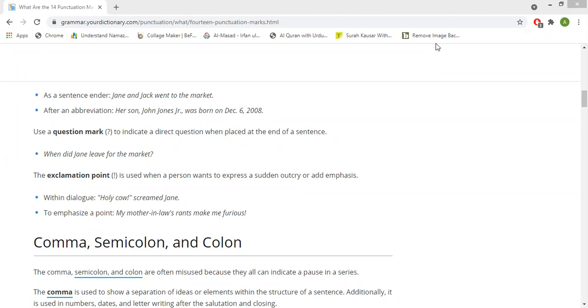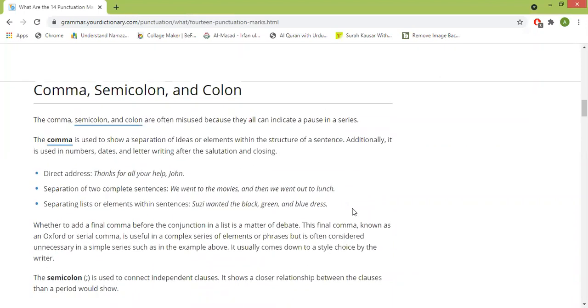After a sentence like 'What a beautiful shot' or 'What a beautiful painting', we haven't used an interjection, but there is an expression of sudden feeling. 'My mother-in-law's rant makes me furious.' These are sudden expressions of feelings, where we have used a sign of exclamation.